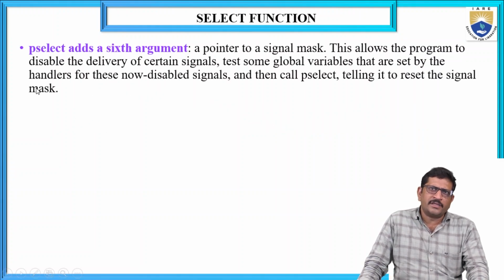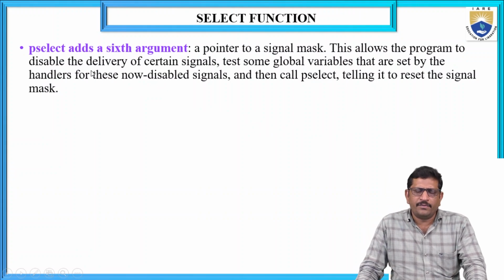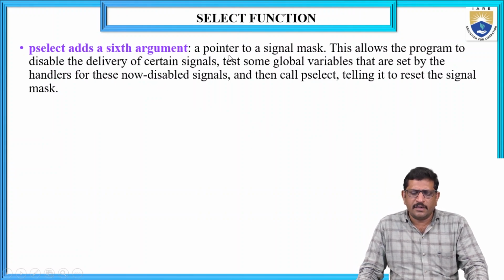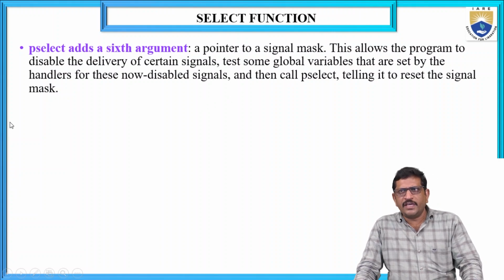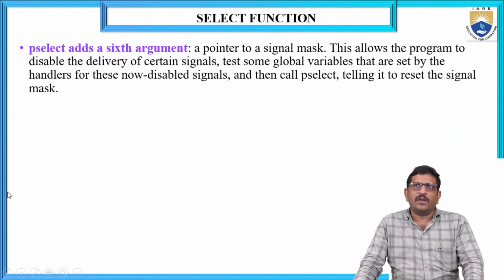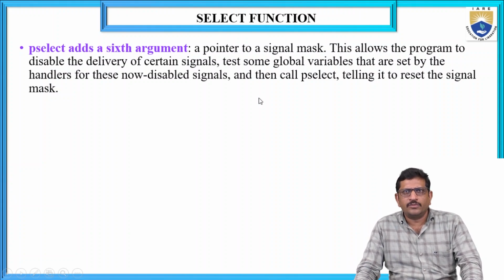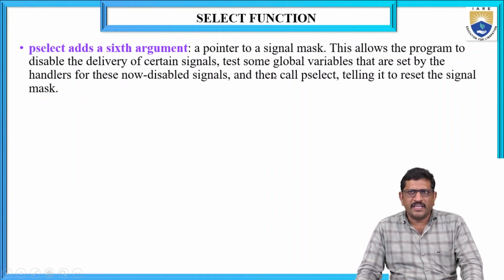The next condition: pselect adds a sixth argument, a pointer to a signal mask, which allows the program to disable the delivery of certain signals, then test some global variables that are set by the handlers.